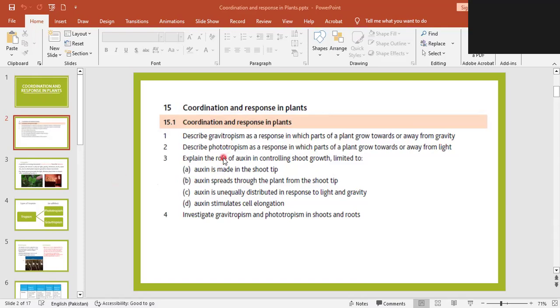Then you will study phototropism, a response in which the part of a plant grows towards or away from light, meaning another stimulus. Then, plants are living creatures, they also have a proper hormone or endocrine system. So there is a hormone known as auxin, which helps in the growth and elongation of the plant. And how does it work?